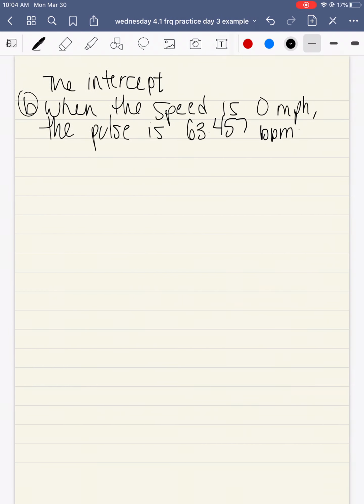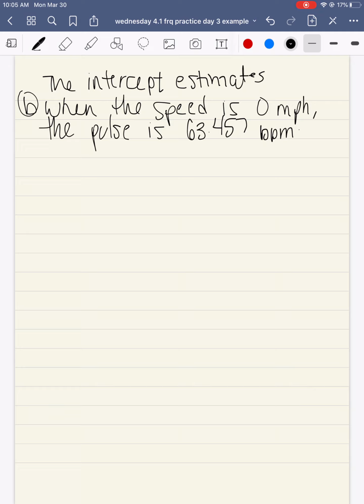We can say the intercept estimates that when the speed is 0 miles per hour, the pulse is 63.457 beats per minute. That's a perfectly fine interpretation of the y-intercept.